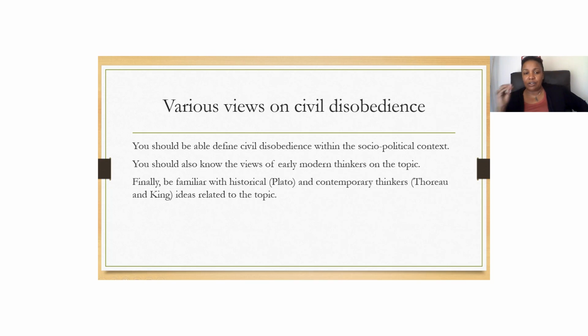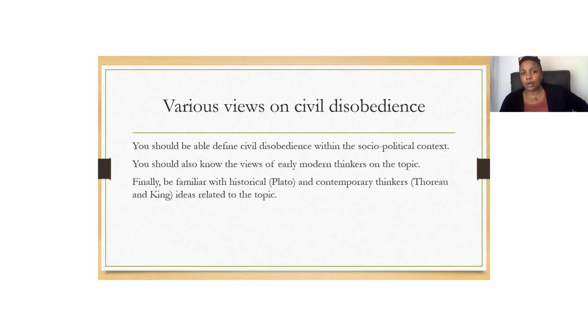under the idea that basically it's the people bringing about the change they wish to see within their society, okay? And finally, in addition to knowing the early modern thinkers and their thoughts on civil disobedience, you should also be familiar with Plato's historical view, and then the contemporary thinkers Thoreau and King. Plato aligned with who? With Hobbes, right? He was against civil disobedience because he felt it corrupts the entire system and breaks it down.